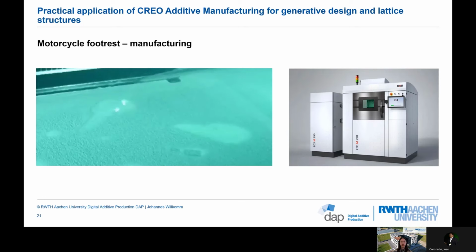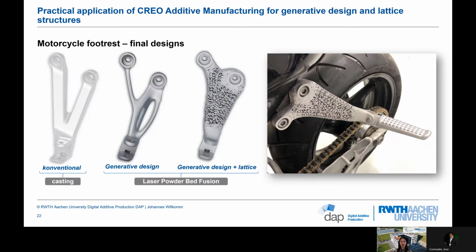Yes, and after manufacturing, after we removed the support structures and powder, we got the two parts you can see on the right here. On the left is the conventional casted part, and the two parts on the right are printed by laser powder bed fusion. So of course it's not about printing everything.